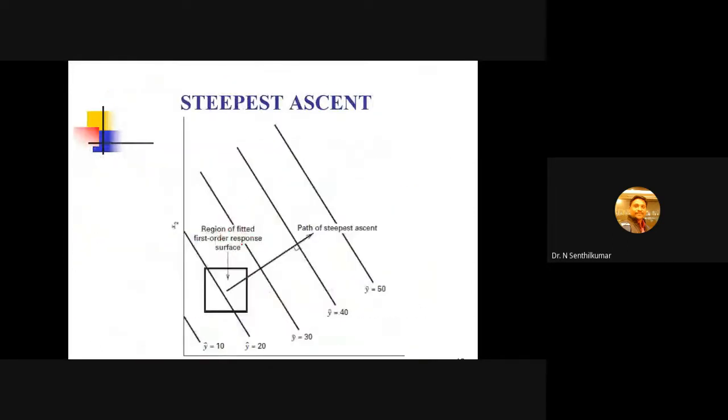Then we have the steepest ascent. For determining the maximum conditions, I am going with the steepest ascent in this direction. You can see this: y bar is equal to 10, the initial value. Initially I am going with this, then I am going with the higher value because I want maximum output. So I am going to move in the ascending order.